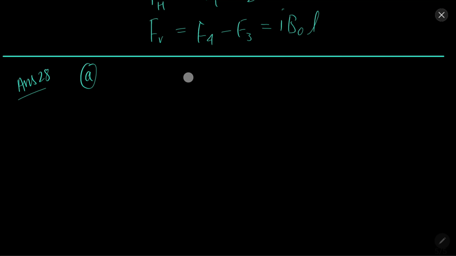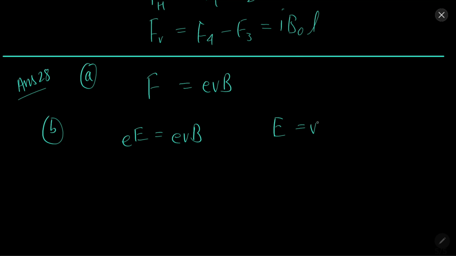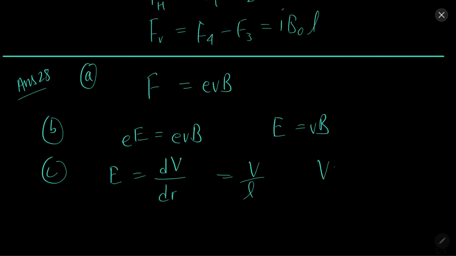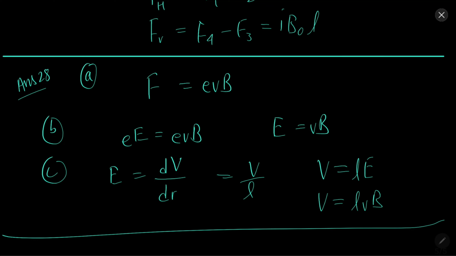The force on the electron will be e v B. In the second scenario, the electric field can be obtained by eE equal to e v B, which will give us E equal to vB, and E is dV over dr or V over L. So V will be this, so it will be v B L.